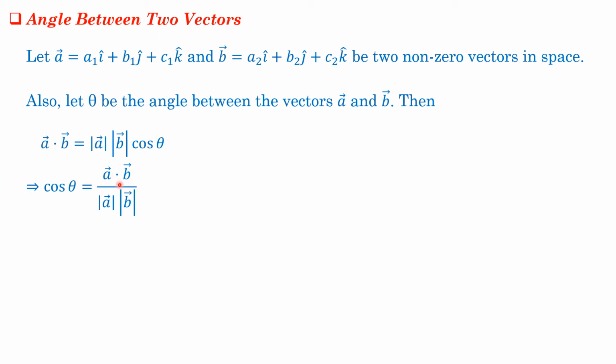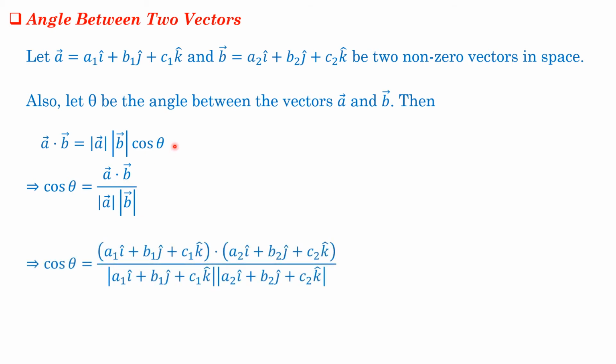And before that you are to complete the dot product here. a bar is equal to this one, b bar is equal to this one, mod a means modulus of this vector, and mod b means modulus of this vector. If you complete this product, a1 dot a2 means a1 a2 is the scalar part, then i dot i is equal to 1.